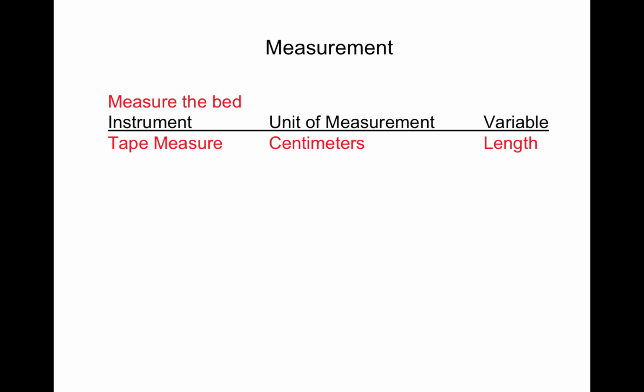The unit of measurement could be centimeters, or feet and inches, and the variable is the length of the bed. Now, you could use other instruments. Instead of a tape measure, you could use a laser distance measuring device, and you could measure in meters instead of centimeters, and you could measure the width instead of the length.